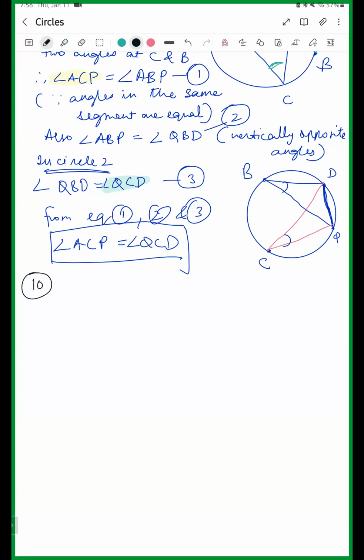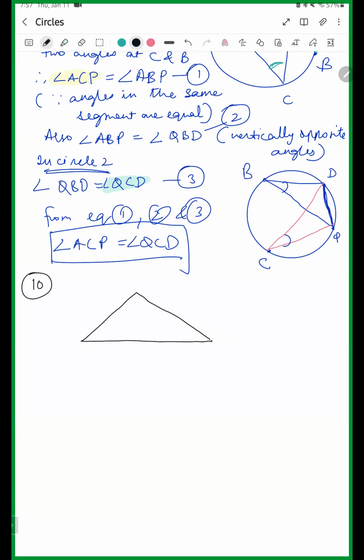So if two circles are drawn taking two sides of a triangle as diameters, let's draw. They're not saying what kind of triangle, so you don't necessarily have to draw an isosceles or an equilateral triangle. You can just draw any random triangle. Let's not draw too big a triangle, otherwise the circle will get really huge.